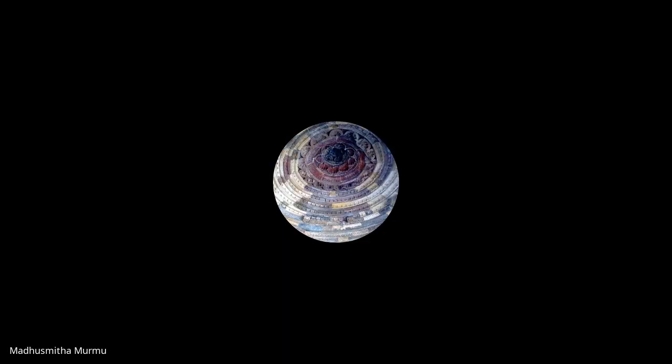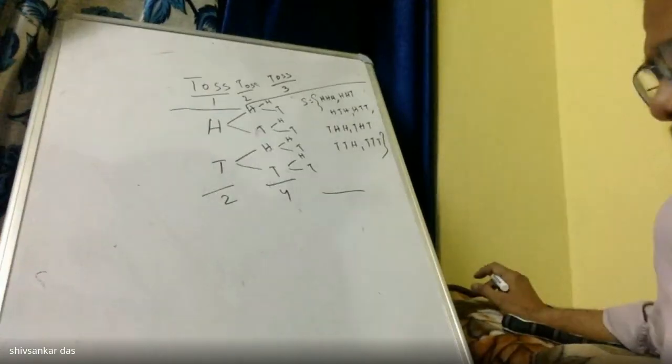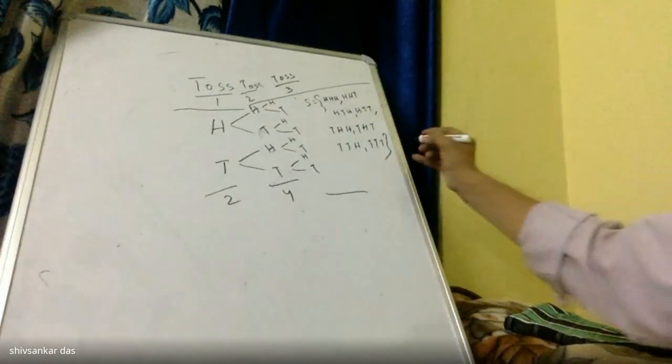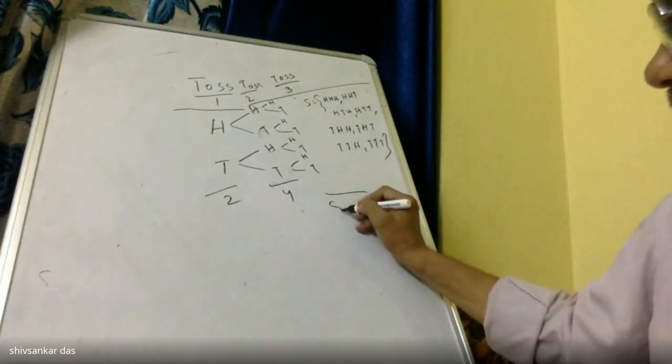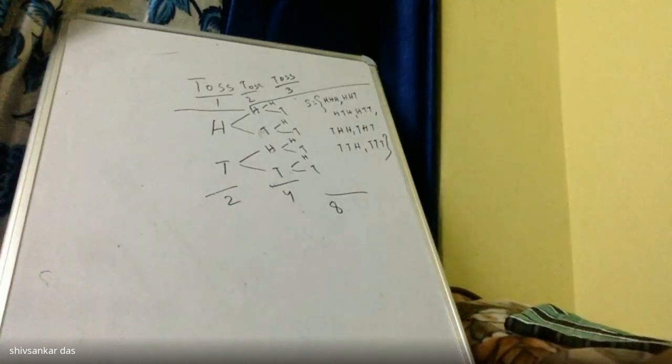How many cases? 1, 2, 3, 4, 5, 6, 7, 8. Total 8. So in this case, 8 cases, 8 results.